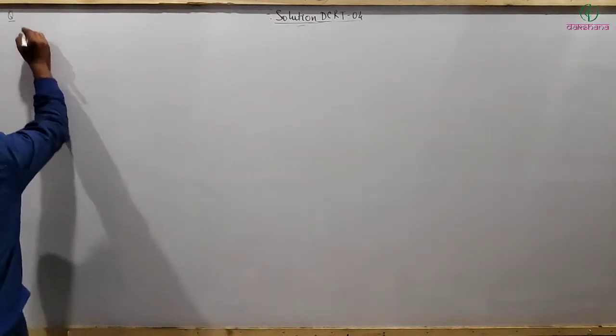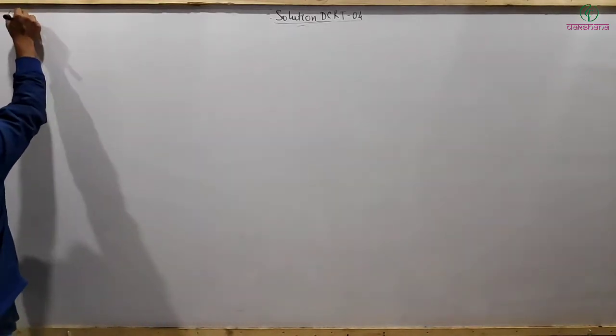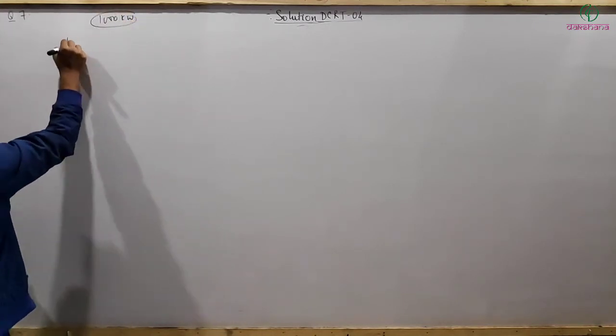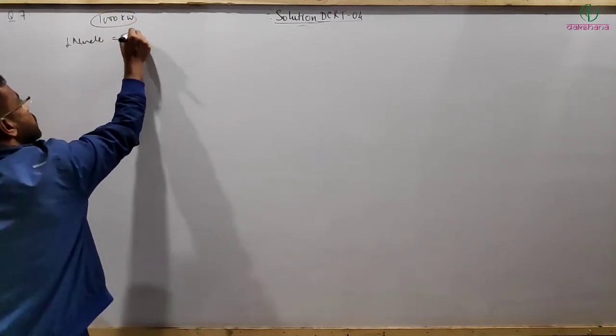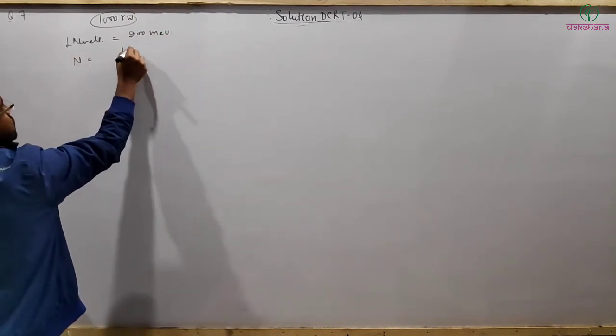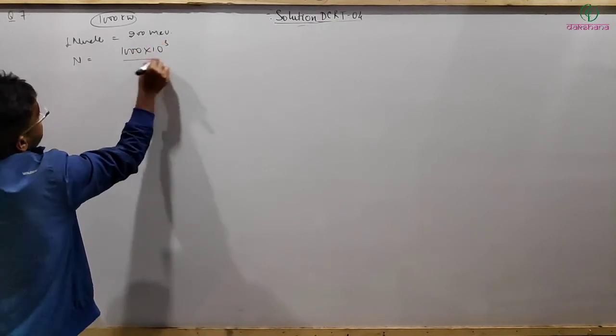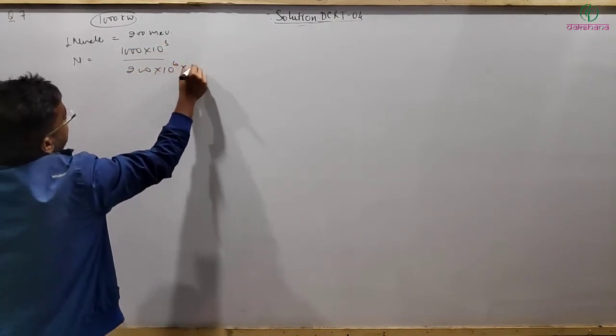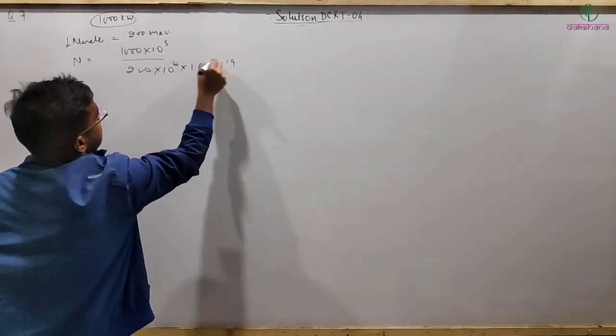तो मतलब question number 7, total power generated is 1000 kilowatt and one nucleus generates 200 MeV. So the number of nuclei N is equal to 1000 multiplied by 10 to the power 3 divided by 200 into 10 to the power 6 multiplied by 1.6 into 10 to the power minus 19.